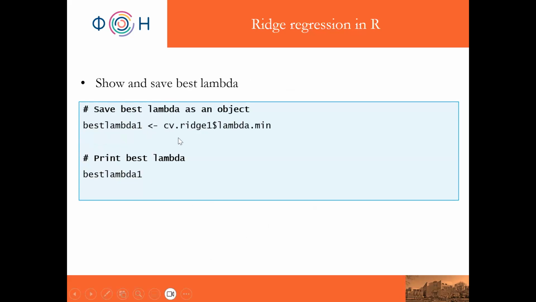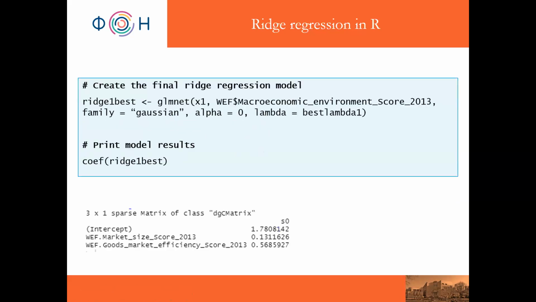We're just reading out a value from our output, so it will be cv.ridge1. From our cross-validation results, we want to read out lambda minimum. So best lambda 1 is 0.066394948. So now we have our best lambda for this model.